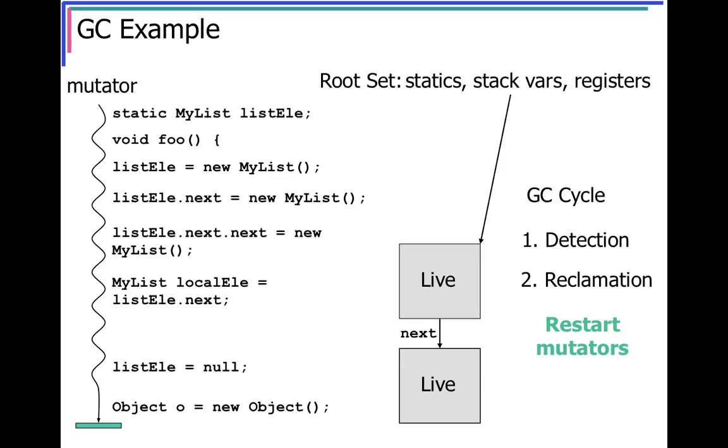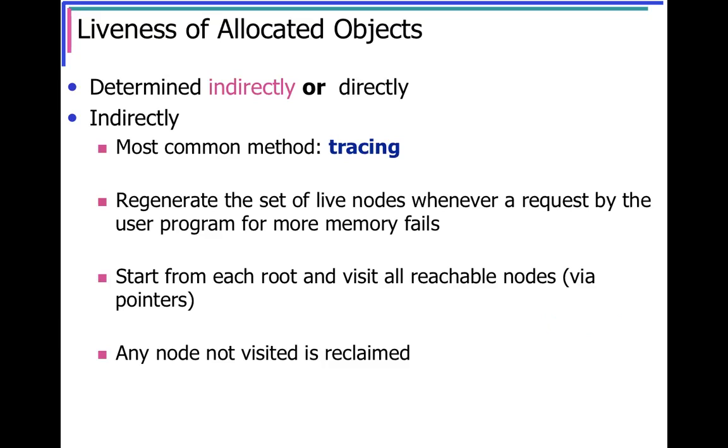The first thing we have to do in any garbage collector is detect the data that is live. There are two ways to do that. You can determine liveness indirectly or directly. Indirectly means that we trace from our roots to generate a live graph of our program at a particular program point at which garbage collection occurs.